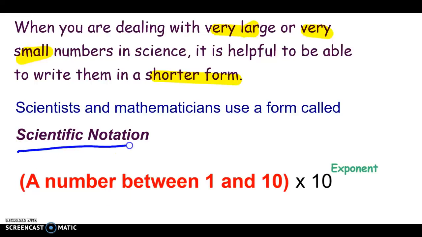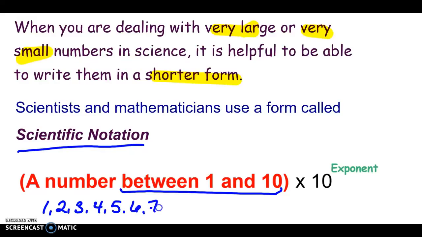So when we write in scientific notation, the number has to be between 1 and 10. When you think of it, it has to be a single digit. So it's going to be 1, 2, 3, 4, 5, 6, 7, 8, and 9. Actually, that probably should say 0 and 10.